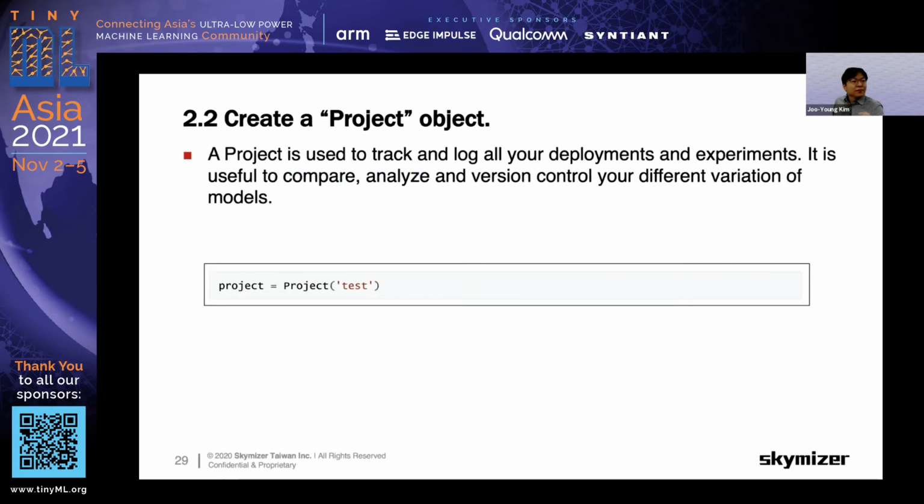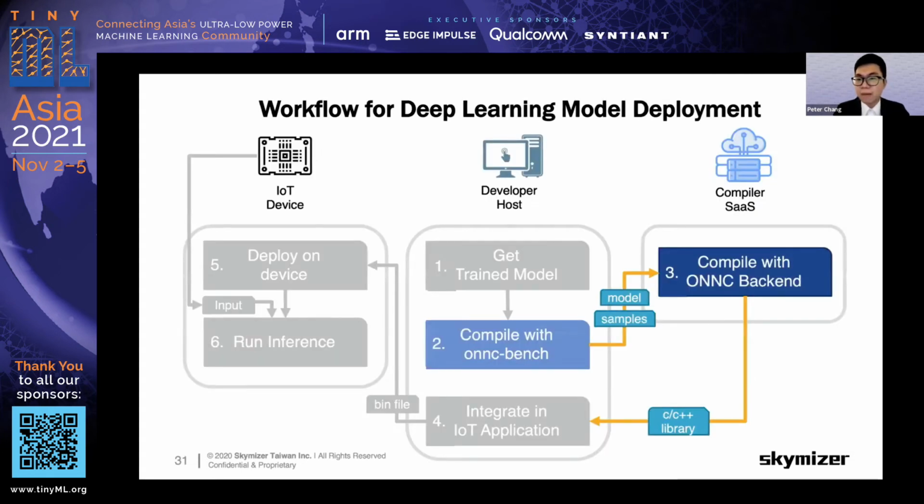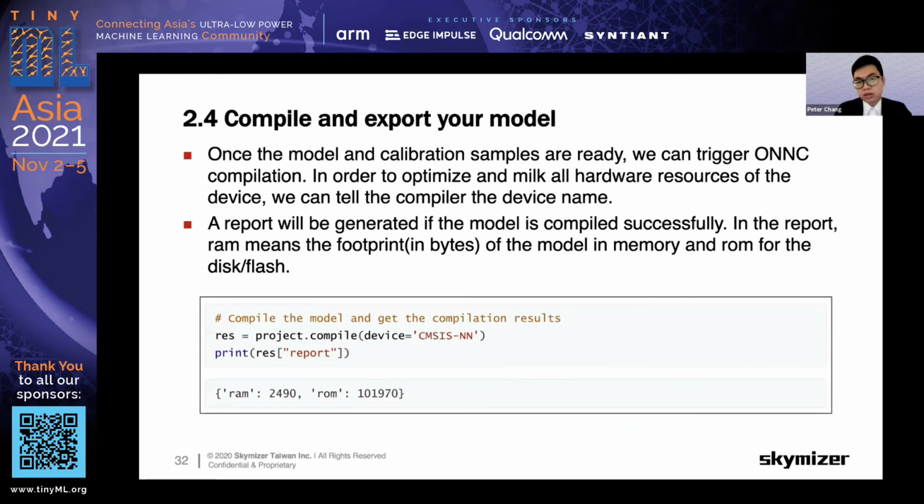Okay. So let's go back to here: add model, add your calibration samples, and then compile on our SaaS service. Because we provide a Python API, you don't need to think too much about how to connect to a SaaS service. All you need to do is use project.compile and decide what kind of device you use.